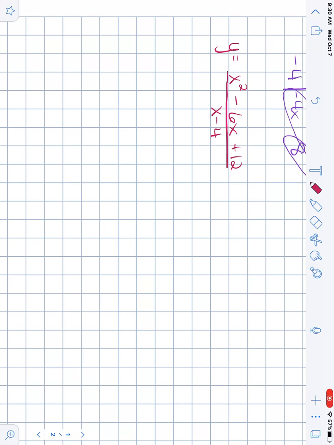In order to find the derivative, we need to use the quotient rule. So y prime: the derivative of the numerator, 2x minus 6, times the denominator x minus 4, minus the numerator without changing anything, multiplied by the derivative of the denominator, which is 1. All of this is over the denominator squared.